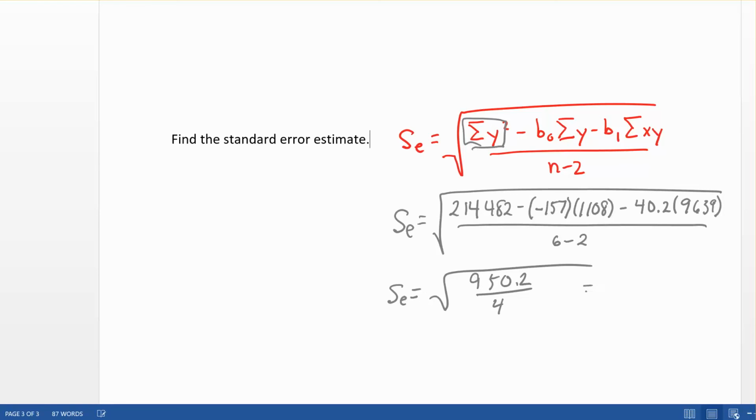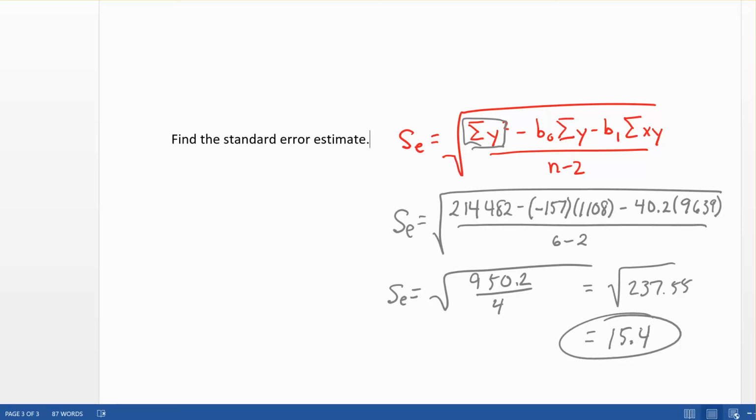We want the square root of that, so take 950.2 divided by 4, 237.55, and that gives us a standard error of estimate of about, I'm going to round it to 15.4.